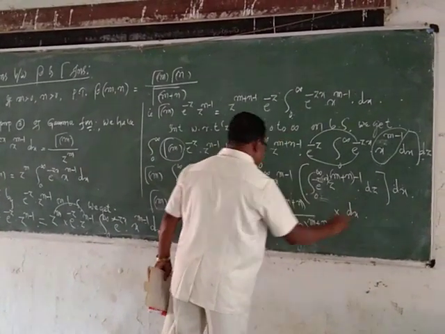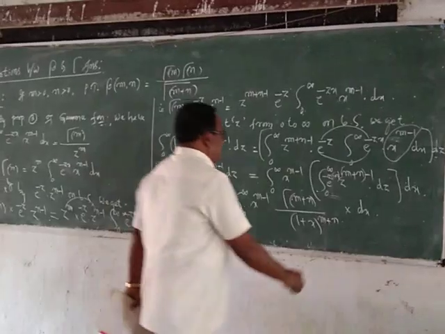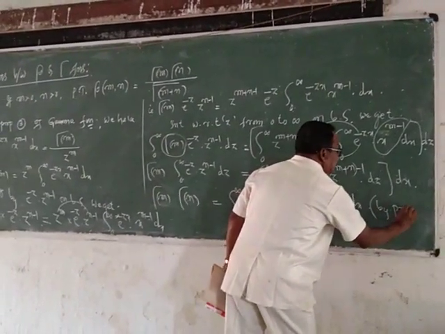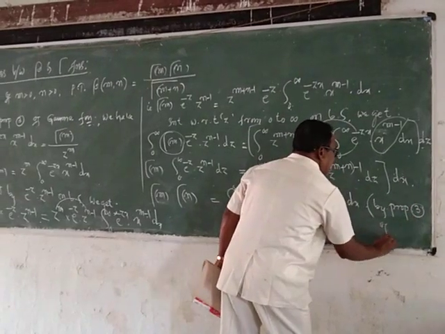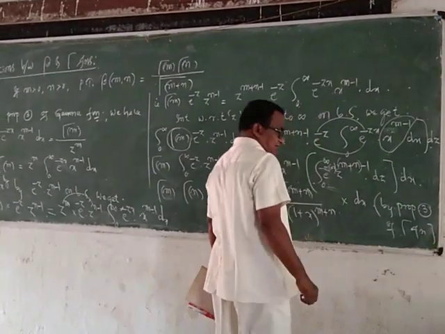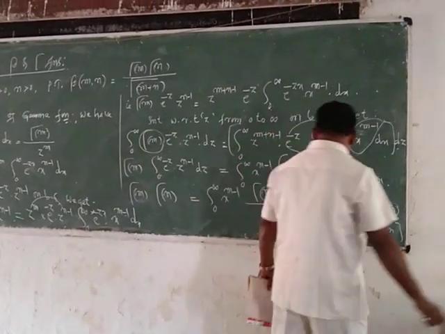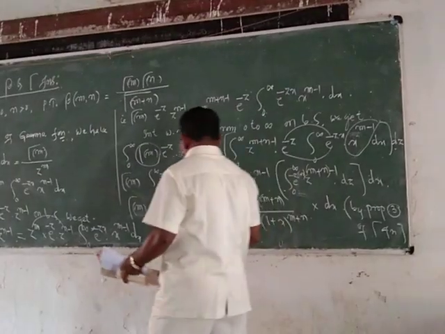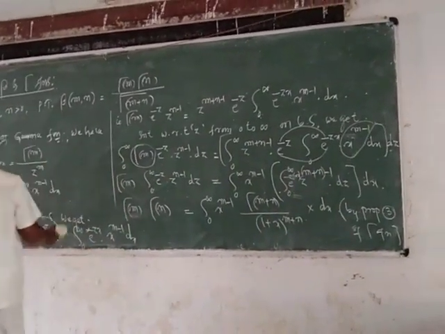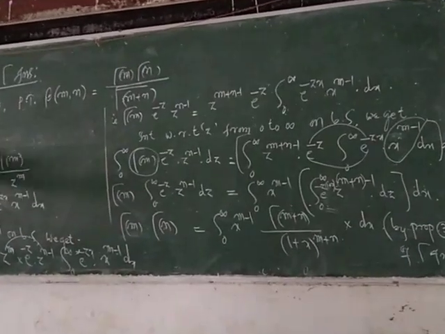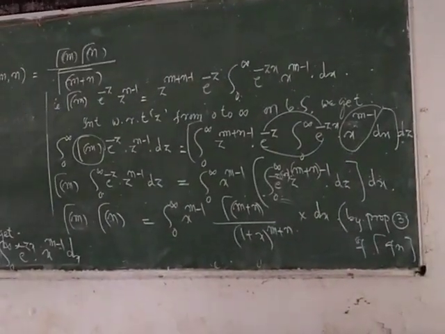You write it as it is into dx. Clearly, this is once again by property number 3 of the gamma function. Now you observe here, this gamma m plus n is a constant. It can be written outside.